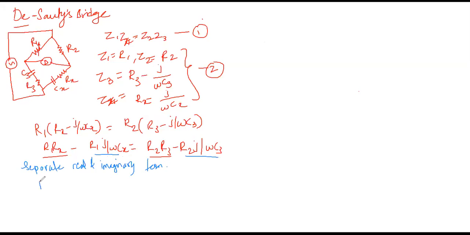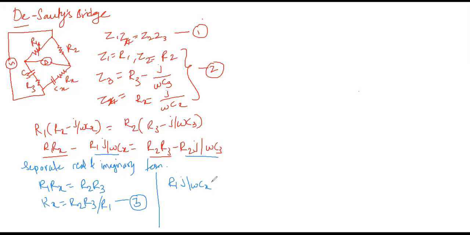So what do we get here? R1 Rx is equal to R2 R3. So Rx is equal to R2 R3 divided by R1. This is our equation number 3. And the imaginary part is R1 j omega Cx equal to R2 j omega C3, right?